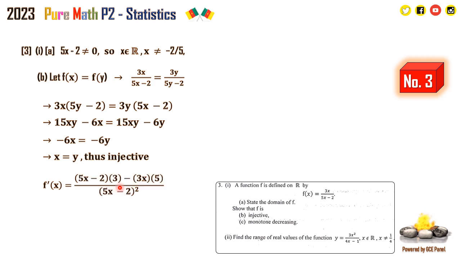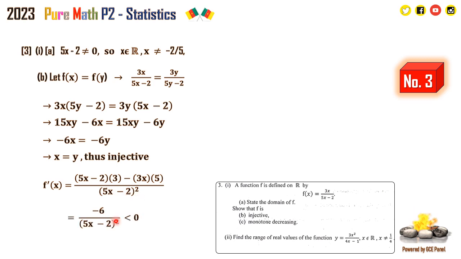And f prime of x will be equal to, since this is a quotient function, we keep the bottom constant, that is 5x minus 2, and we differentiate the top, which is 3x, that's going to give us 3, minus the top constant, the top 3x, times the derivative of the bottom. The derivative of 5x minus 2 is 5. All this on the bottom squared, okay?